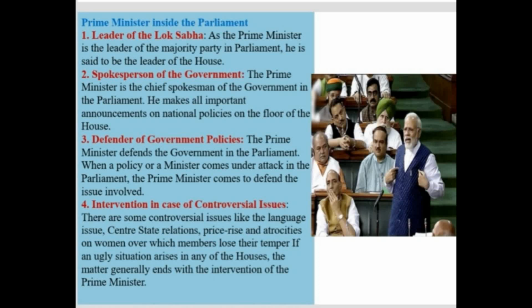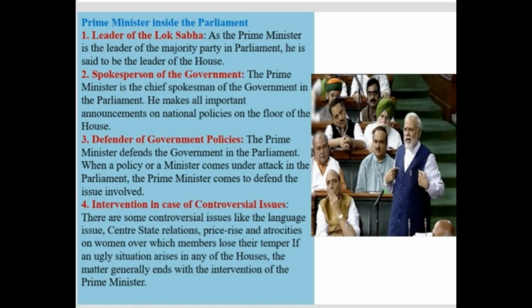Of course the speaker and all will be controlling things, but it is the Prime Minister who will finally intervene. He will intervene in such controversial matters, and he will try to bring peace in the house.